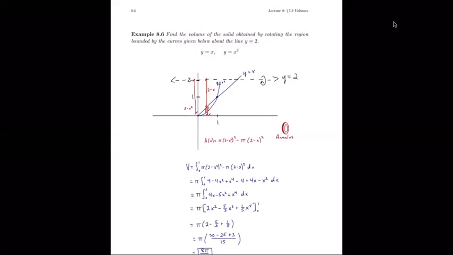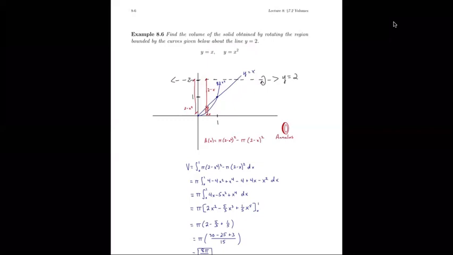But what we notice is, we're going to have circular cross-sectional regions perpendicular to y equals 2, so our thickness is dx. So that tells us we're ultimately going to look for an area function in terms of x. Okay, so the area of one of these cross-sectional situations, and let me just sketch what we have here.